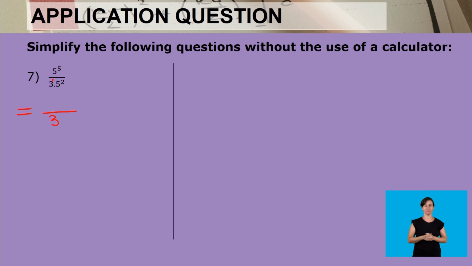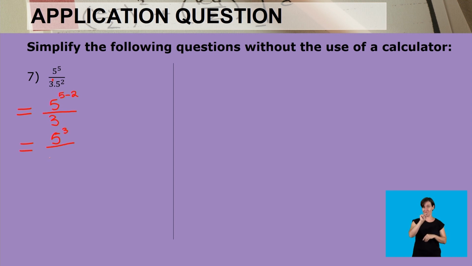Now look at that base 5. That base 5 has an exponent 5 at the numerator, and at the denominator we have another base 5 that has an exponent 2. So what is going to happen there? We are going to say it is that 5, and then we are going to say 5 minus that 2. So what is our final answer going to be? As the numerator, we have a base 5, and 5 minus 2 is equal to 3.